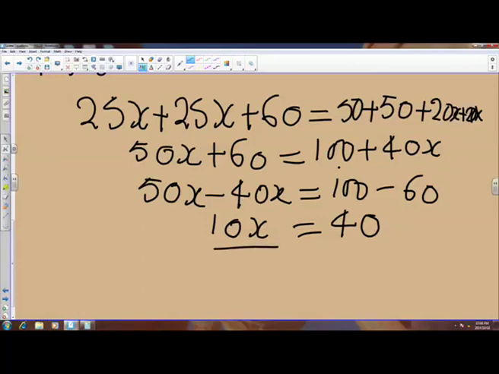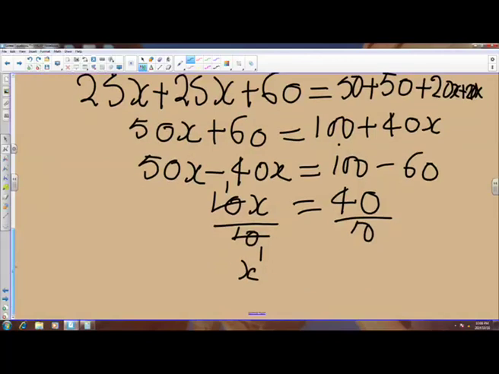Divide both sides by 10 to solve for the variable x. 10 here once, 10 here once, so this side is just an x. So our x will be equal to 10 into 40, it's 4. So our x is 4.